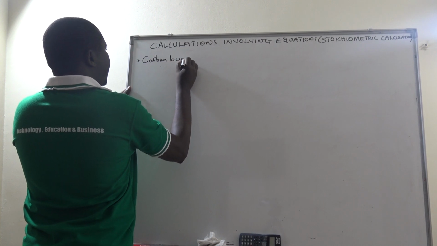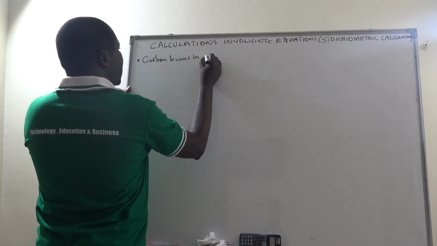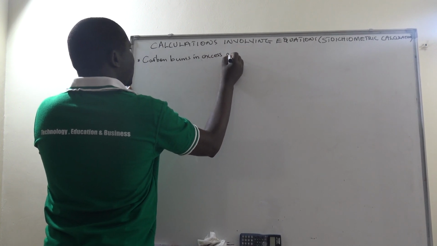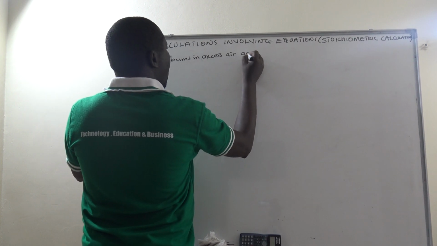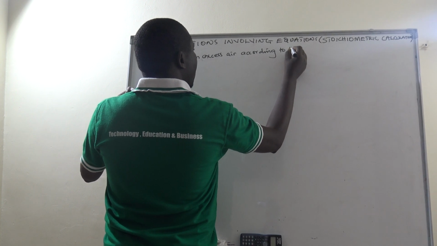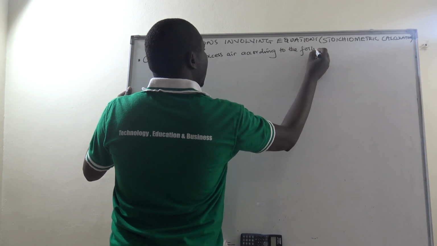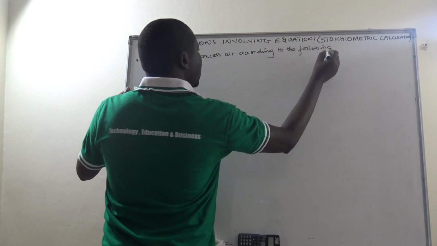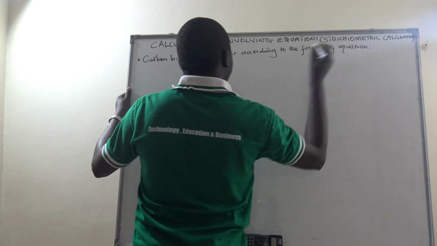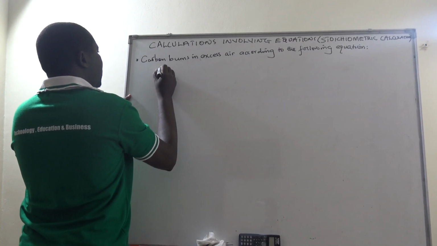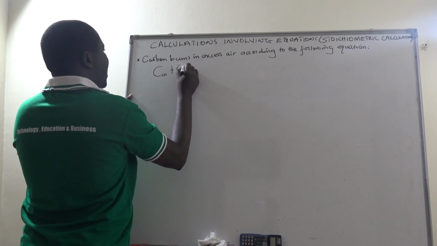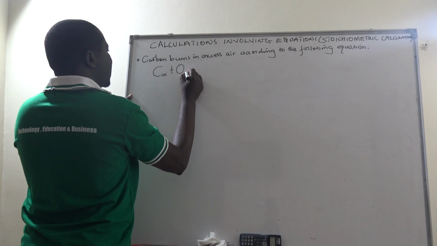Carbon burns in excess air according to the following equation. Let's see the equation for the reaction in this case. It is carbon burning in excess air, and in air we have the active component being oxygen gas.